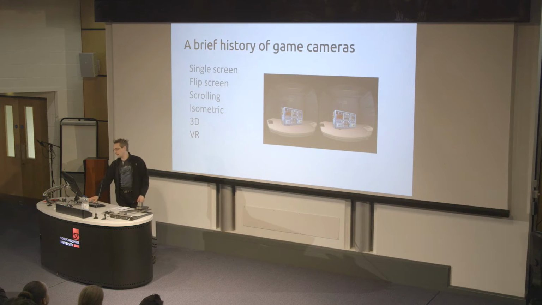Otherwise, it feels like you're seeing through weird jelly or something. So that's why virtual reality games have to have an incredibly high frame rate. They need to be at least 60, if not 90 frames per second to maintain that illusion.